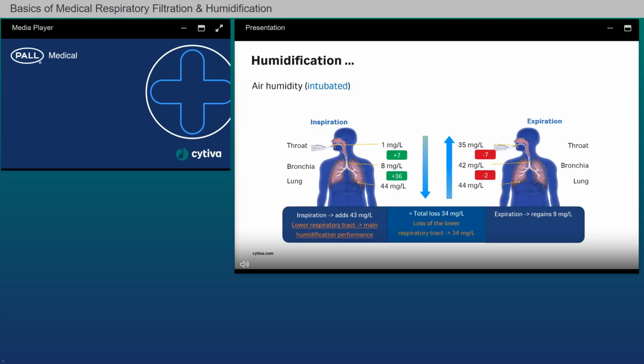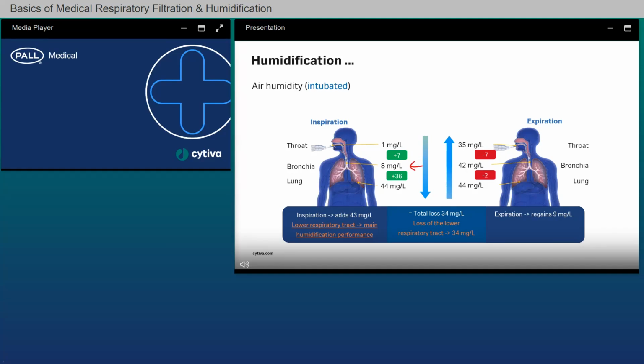Now let's have a look at an intubated patient with just the tube and no other humidification technology. The intubated patient gets medical air out of the wall, which is very dry and only has about 1 milligram per liter. Since the patient is intubated, we bypass the HME functionality of the upper tract, and only about 7 milligram per liter is added, which is some moisture attached to the side of the tube wall.